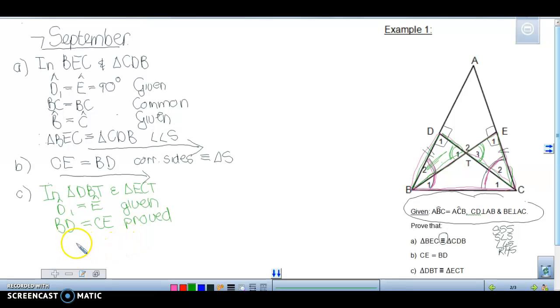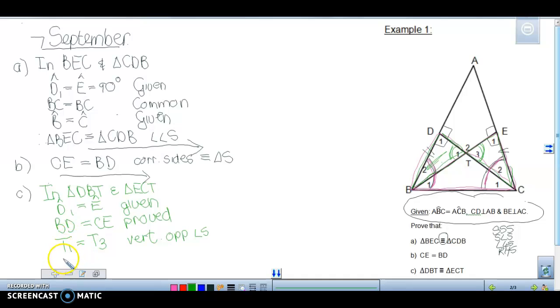And then we have angle T1 equal to angle T3. And the reason is they are vertically opposite angles. So yeah, I've got an angle, a side, and an angle.